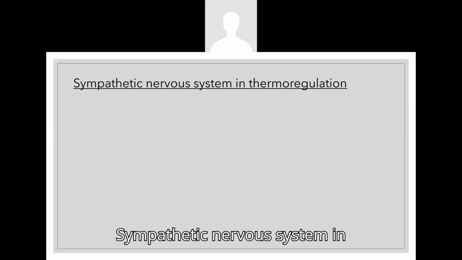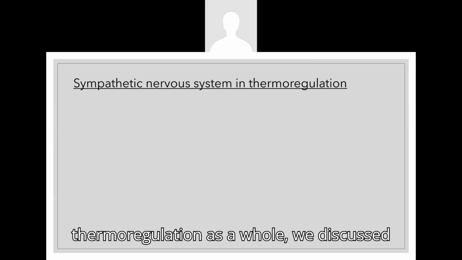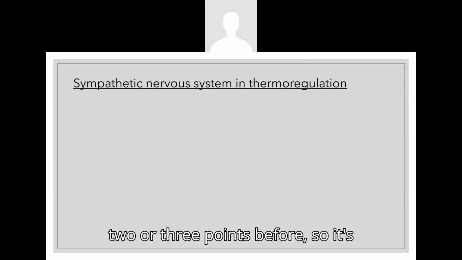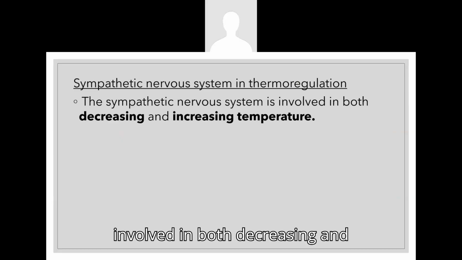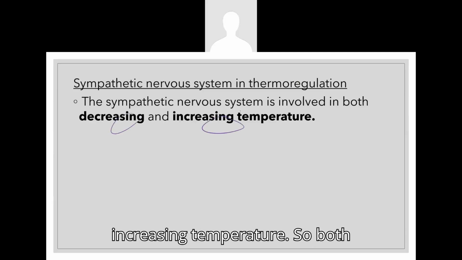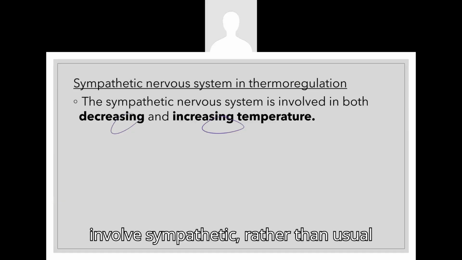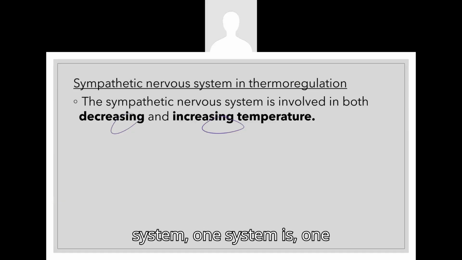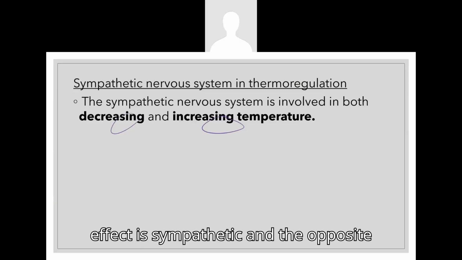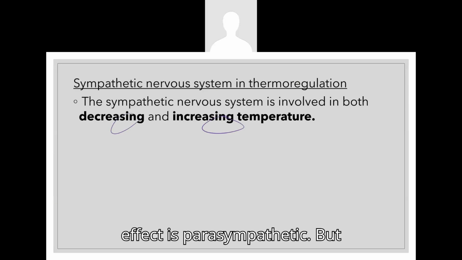Sympathetic nervous system in thermoregulation as a whole, we discussed two or three points before. It is involved in both decreasing and increasing temperature. Usually when we talk about the autonomic nervous system, one effect is sympathetic and the opposite effect is parasympathetic.